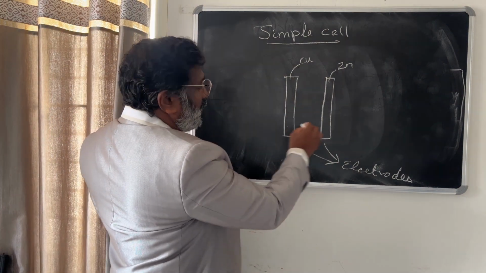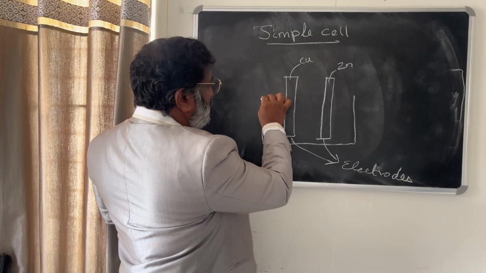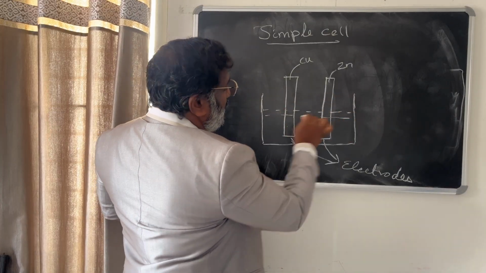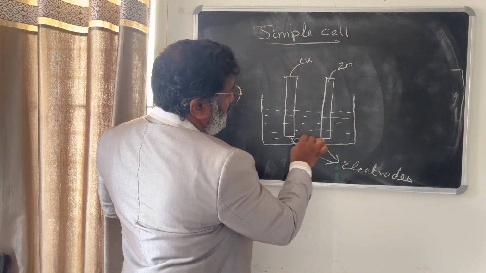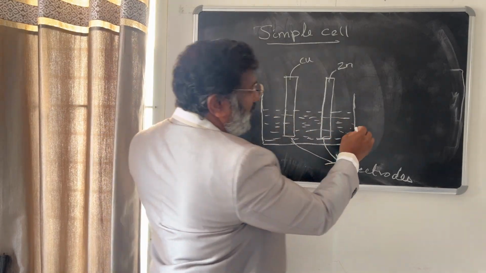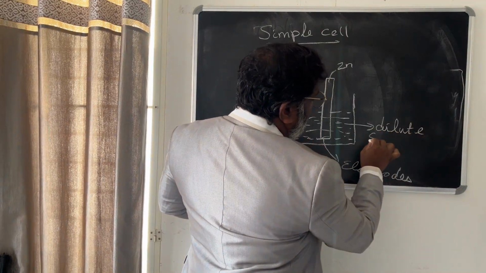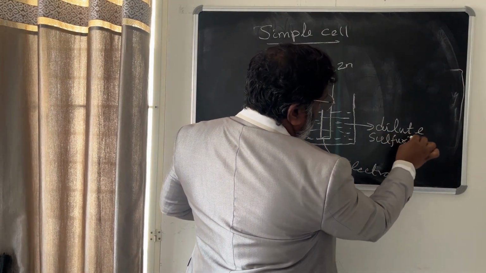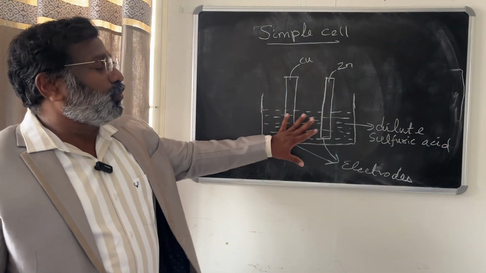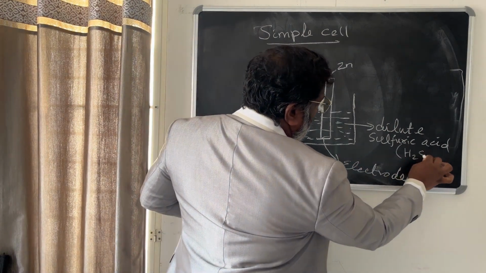And these two electrodes are dipped in an acidic chemical medium. Here we use dilute sulfuric acid. So the chemical medium used is dilute sulfuric acid, H2SO4.